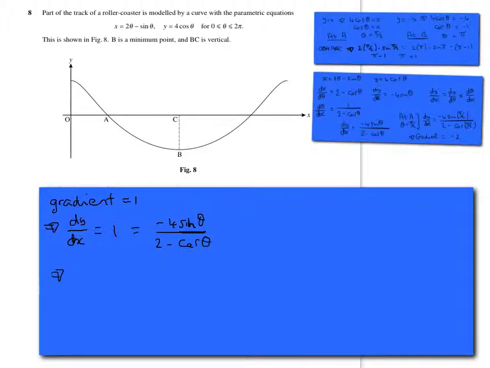Multiplying through by the denominator, 2 minus cos theta is equal to minus 4 sin theta. Now, just multiply through by minus 1, and we get the answer we're looking for.